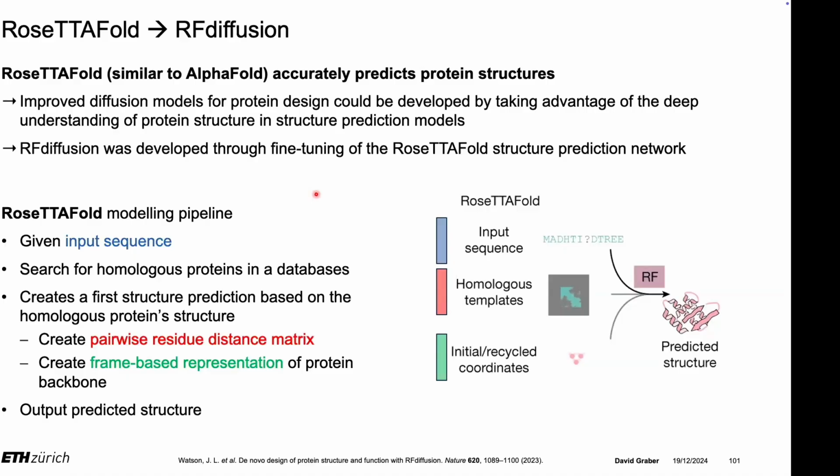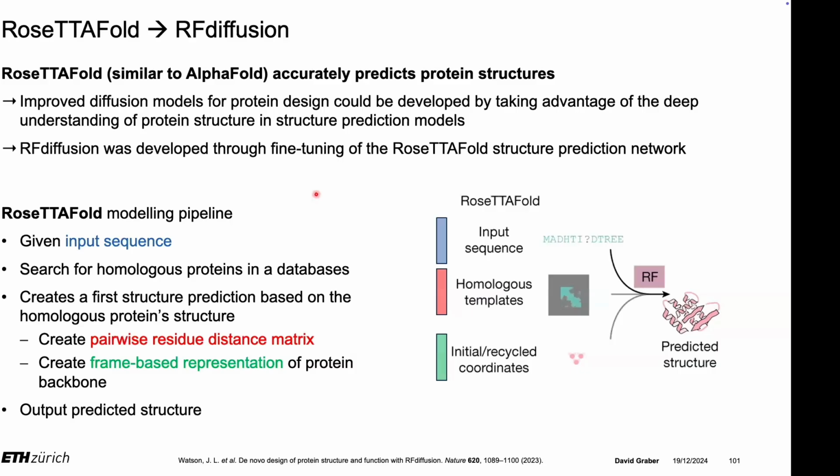And the idea behind this is that we can achieve improved diffusion models for protein design if we leverage the understanding of protein structures that is already contained in these folding models. So RF diffusion was developed through fine-tuning this protein folding model. So basically taking the weights that can already fold a protein from its sequence and fine-tuning it on the diffusion task.